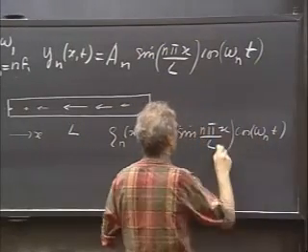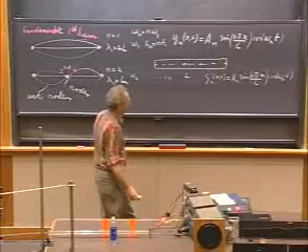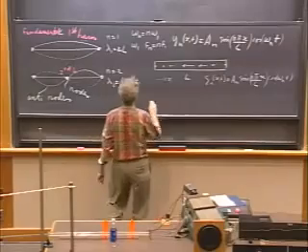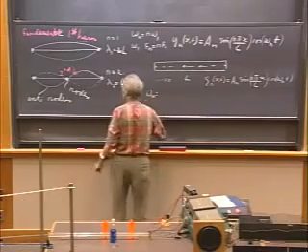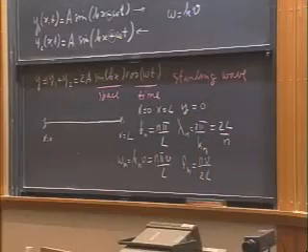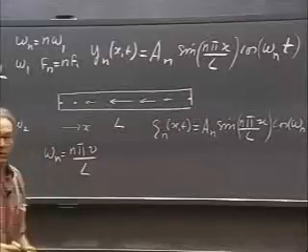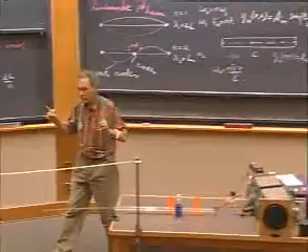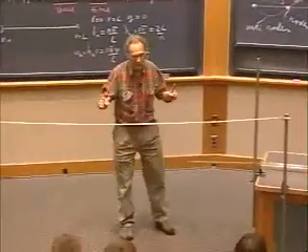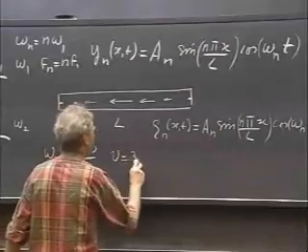So the equation is completely identical. However, keep in mind that omega n, which is this value, n pi v over L, that is no different. That is again n pi v over L. But v is now the speed of sound. It's non-negotiable. v is 300 meters per second, and you're stuck with that.